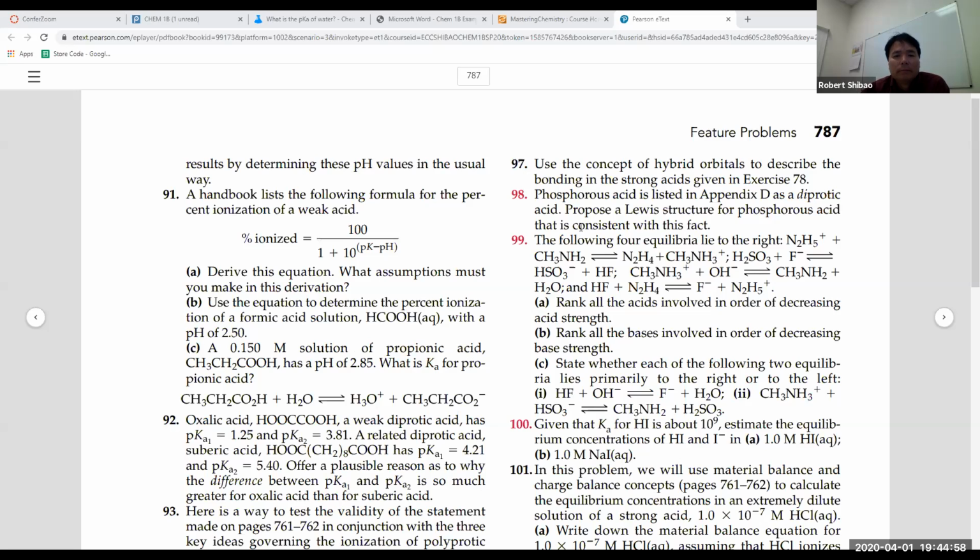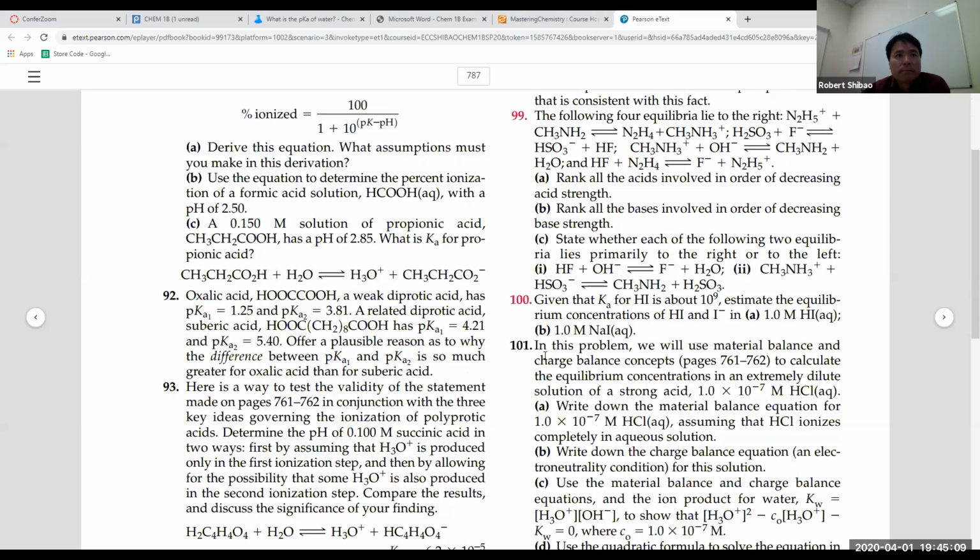I think this particular problem here, number 97, was just to remind you of hybrid orbitals. And this problem here, number 101, is just to state that there's another way to solve these simultaneously, you know.